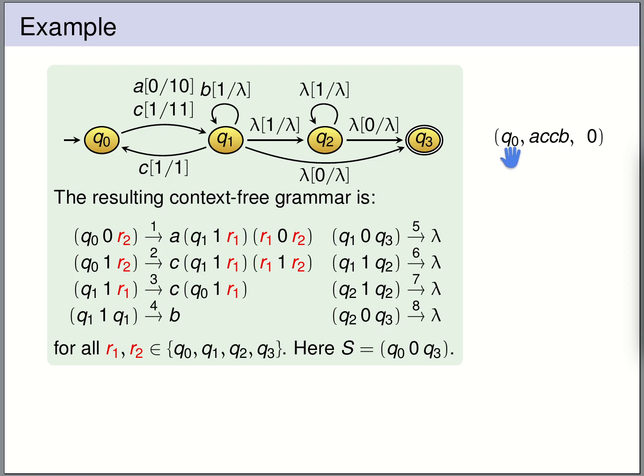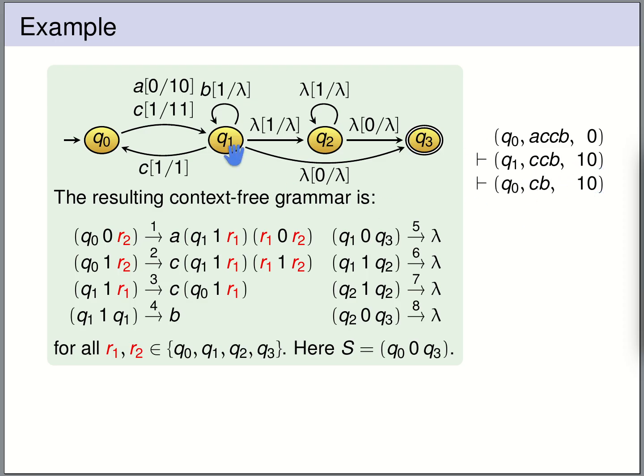We start with state Q0, the input ACCB, and the stack only consisting of the stack start symbol. Now we take a transition from Q0 to Q1 with input A. So our stack symbol 0 is replaced by 1, 0. Now we have a 1, 0 on the stack and the A is consumed.